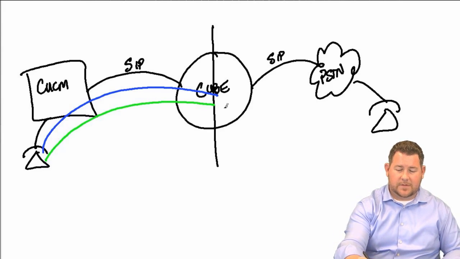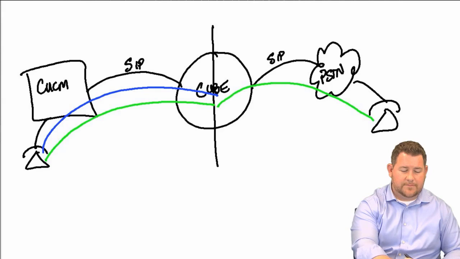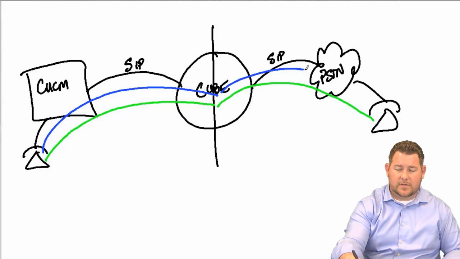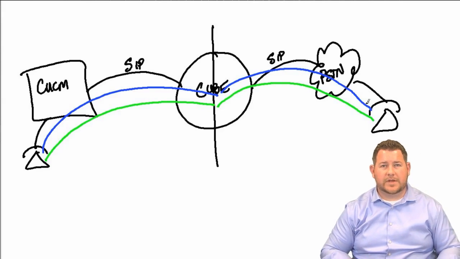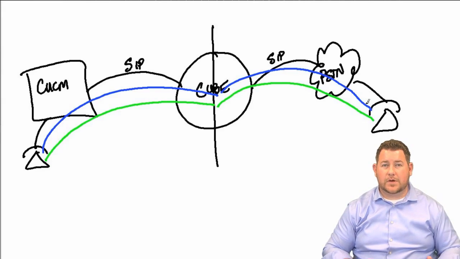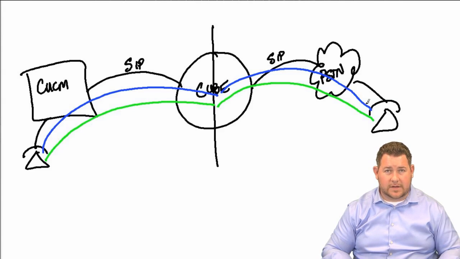And then same thing for the PSTN here. It's going to regenerate that media signal and go over the PSTN. And the blue line would be the actual signaling that's going through the PSTN to make that call happen. But those are two completely separate streams communicating with the CUBE directly at that point. So that's media flow through, the green line being the media here.